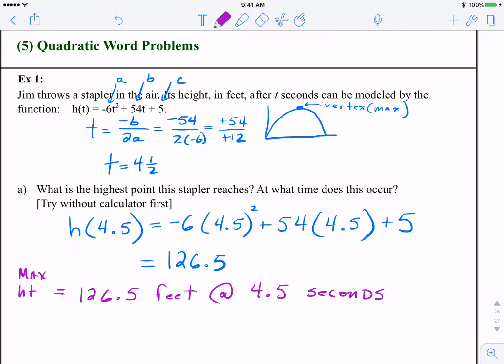So once again, this is an application of can you find the vertex or axis of symmetry and know how to differentiate between x, or in this case t, and h of t values, time versus height. You don't want to obviously say, oh, the maximum height is 4.5 feet. Knowing the difference of what t represents and what h of t represents is required. Also required is knowing the negative b over 2a. That's something that you have to bring into the problem because that's representing your axis of symmetry.